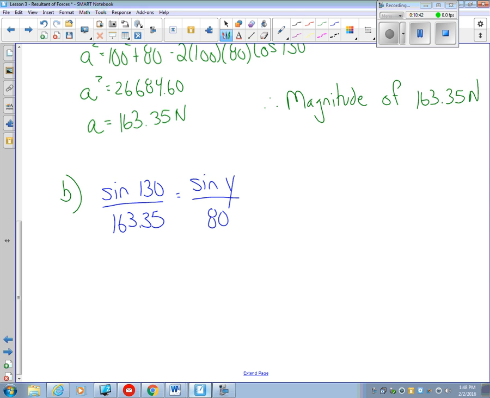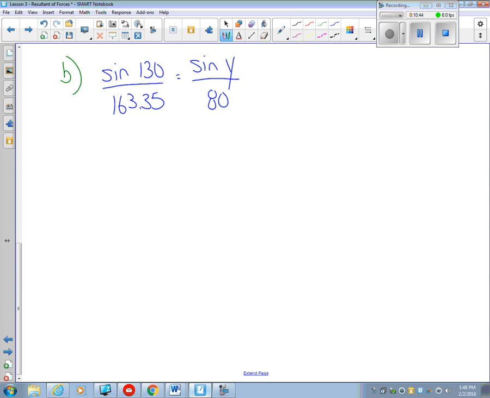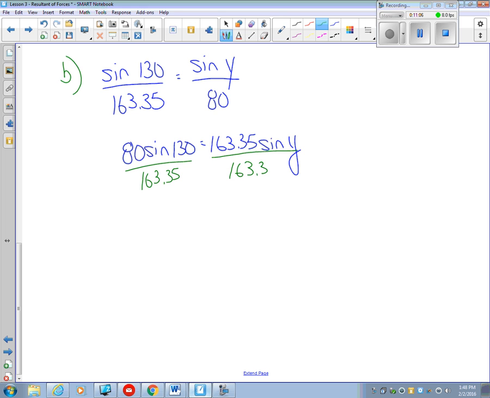So going back to our sine law here again. We said from day one we cross multiply when we do this. So 80 sine 130 equals 163.35 times the sine of y. We'll divide out the parts that we want to get rid of, which in this case is 163.35. We cannot divide out the sine, right? The sine's attached to the y.